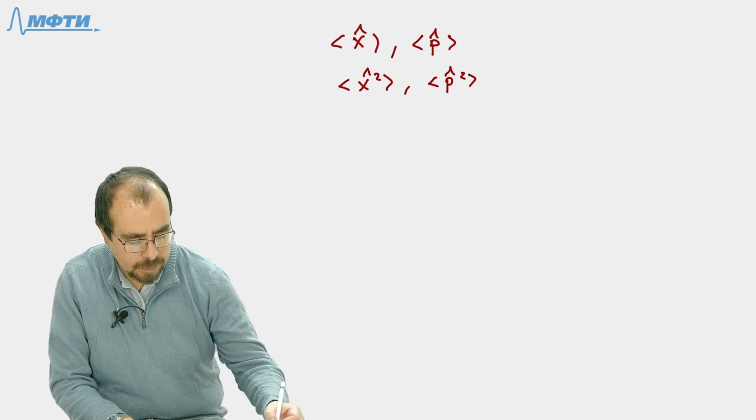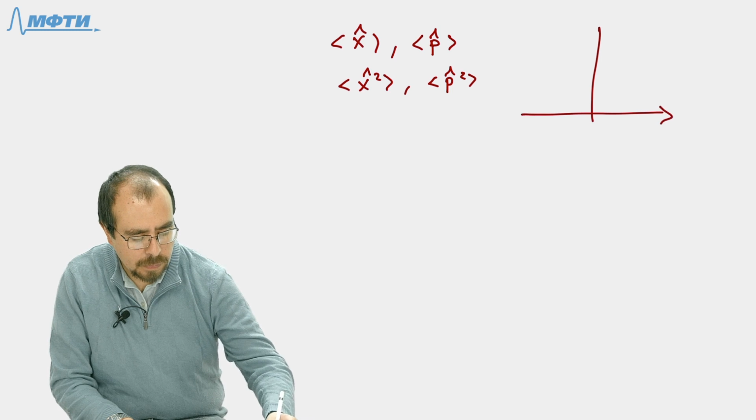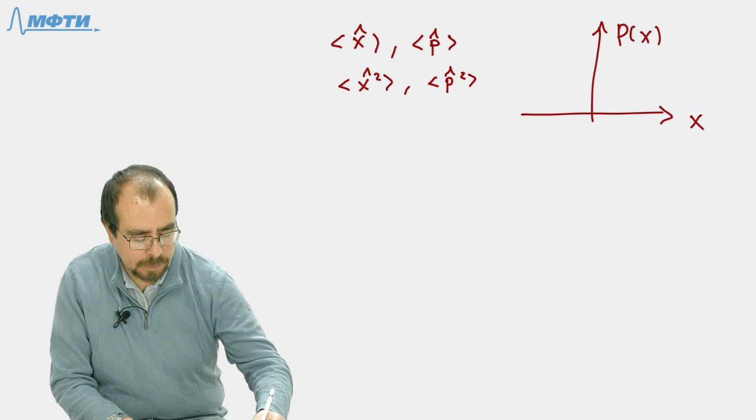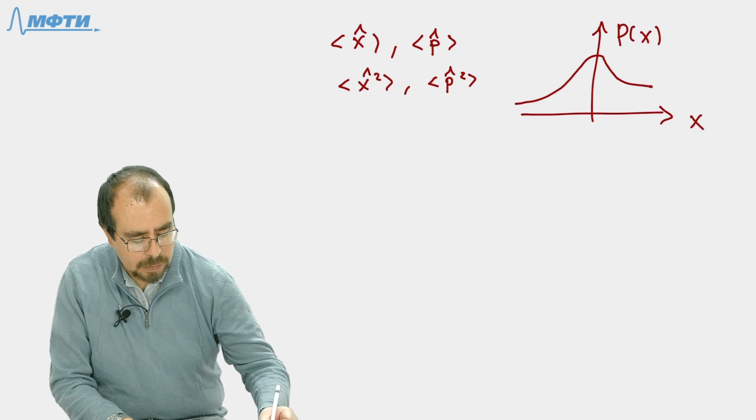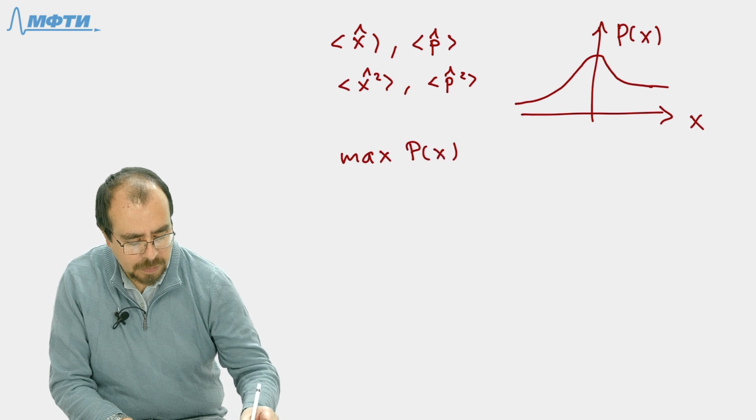For example, if you have a probability of finding x that is very regular, in this case the maximum probability will be equal to the mean value of x.